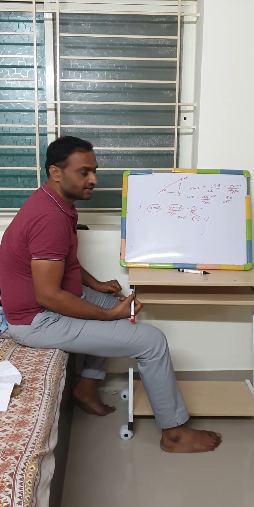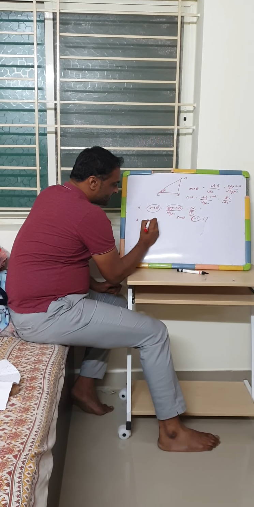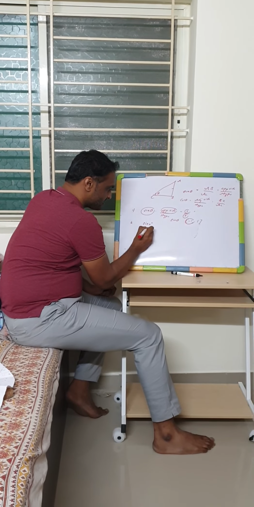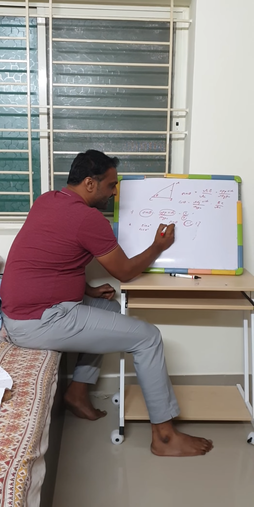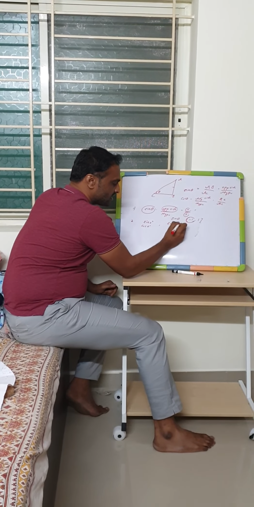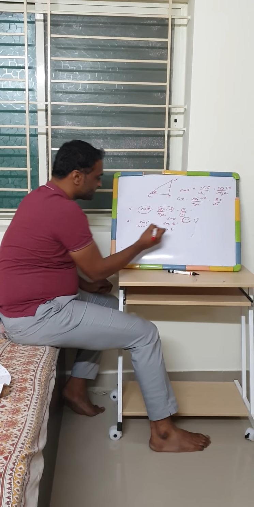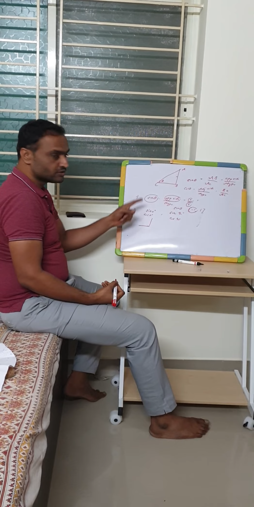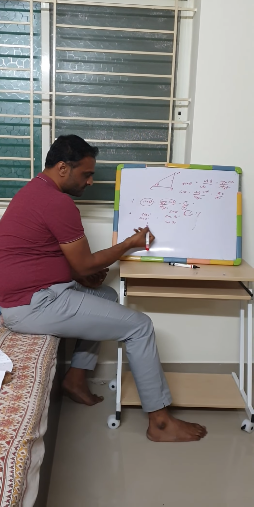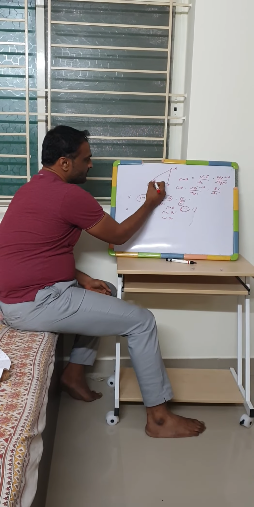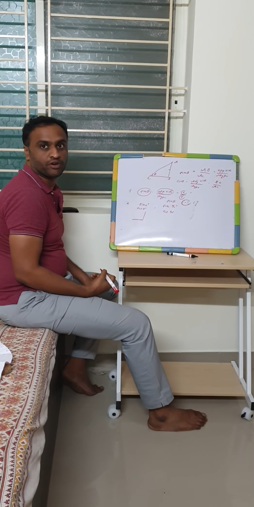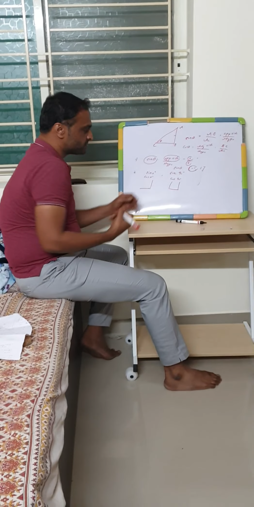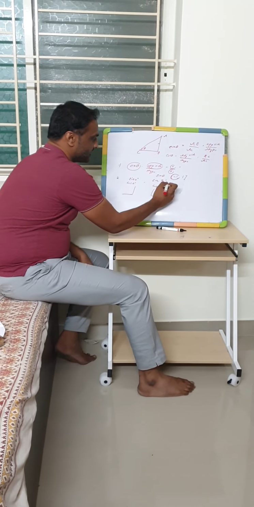The second question is, how do you define sin 0 degrees and cos 0 degrees, sin 90 degrees and cos 90 degrees? Because for 0 degrees, there will be no triangle formed. If we have theta, there is a possibility for a triangle to be formed, but for 0 there is no possibility for a triangle to get formed, right?